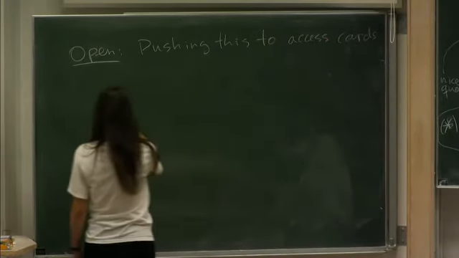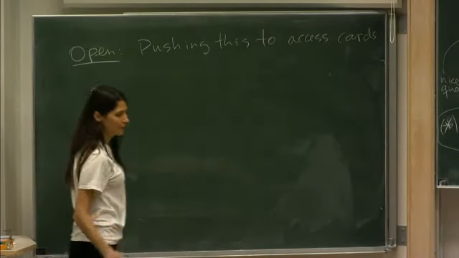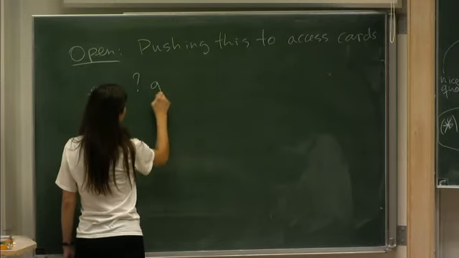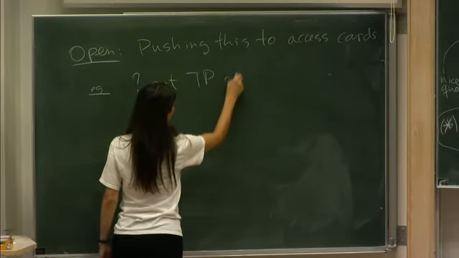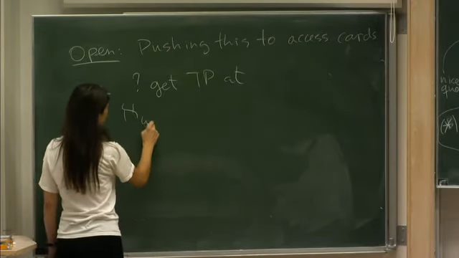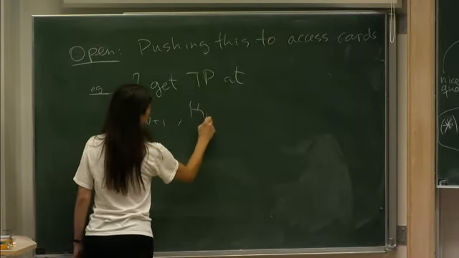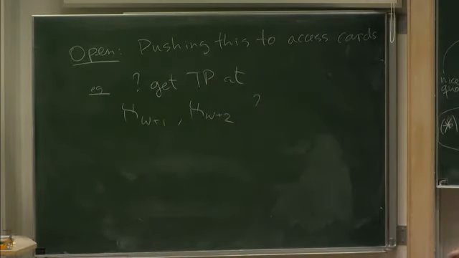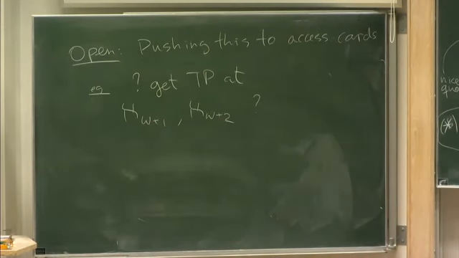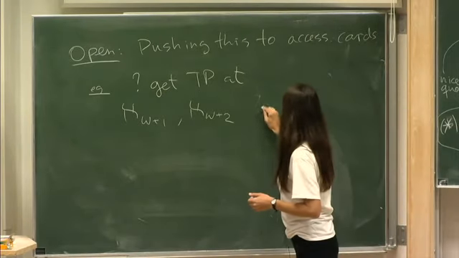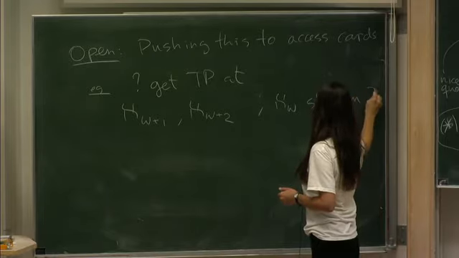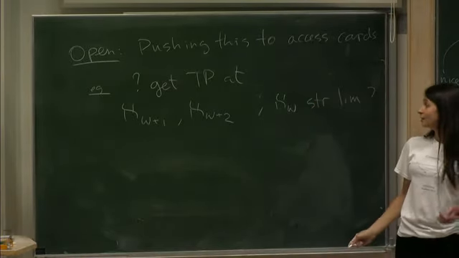For example, and I think I said this in the very beginning, can we get the tree property at Aleph omega plus 1 and Aleph omega plus 2? Right now, this is very much open. With Aleph omega strong limit. Yes, you're right, for Aleph omega strong limit, otherwise you can. Okay. Right now, this is still very much open.